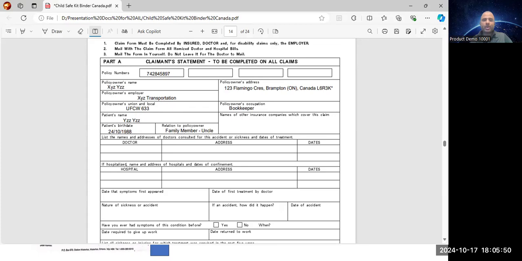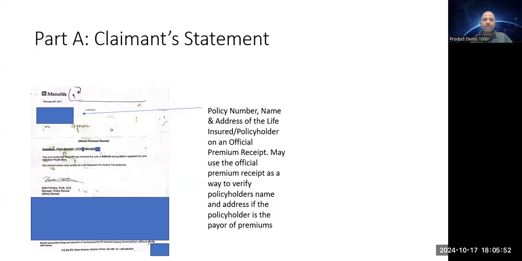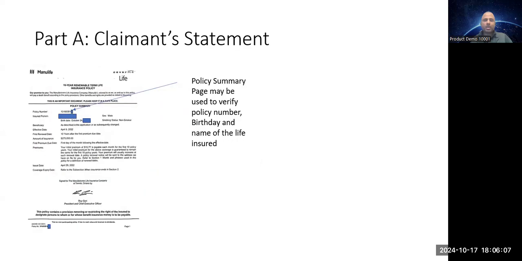But when it comes to addresses, name and policy number, they can be found on your official premium receipt that you might have received from your insurance company. It may also be found on your policy summary page, which may be used to verify policy number, birthday, and the name of the life insured.